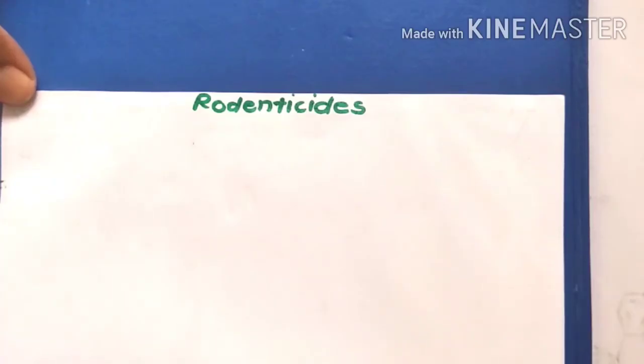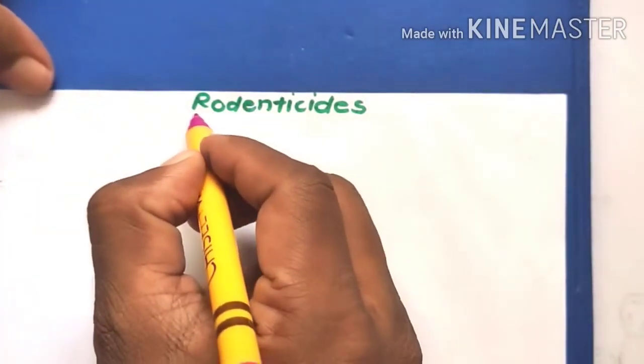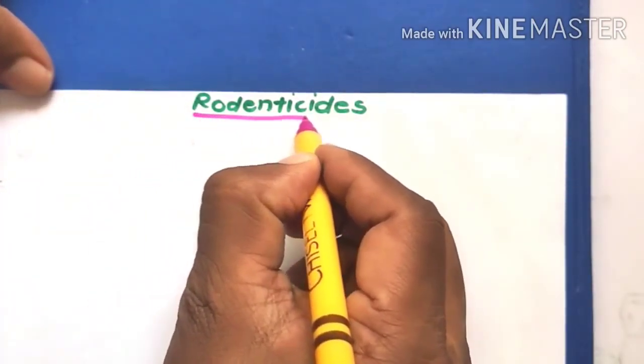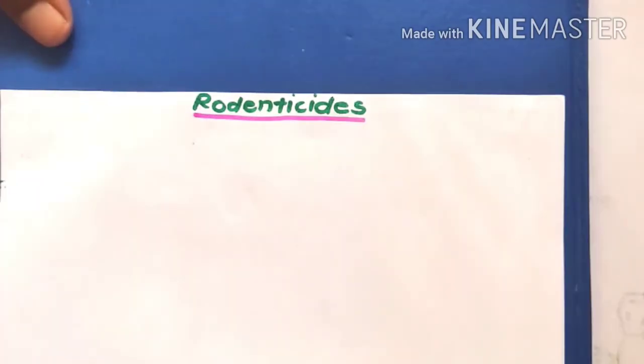Then the fourth class of agrochemicals, that is rodenticides, which are again chemical components that can be used to prevent, inhibit the growth of, destroy or kill rodents. That is the class of mammals. Rodenticides are applied as baits to control rodent pests. The bait should have no repellent action.